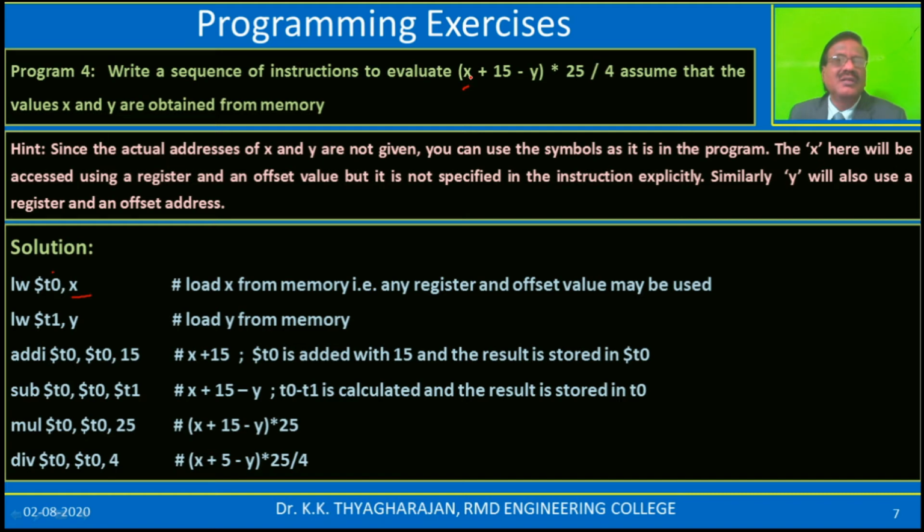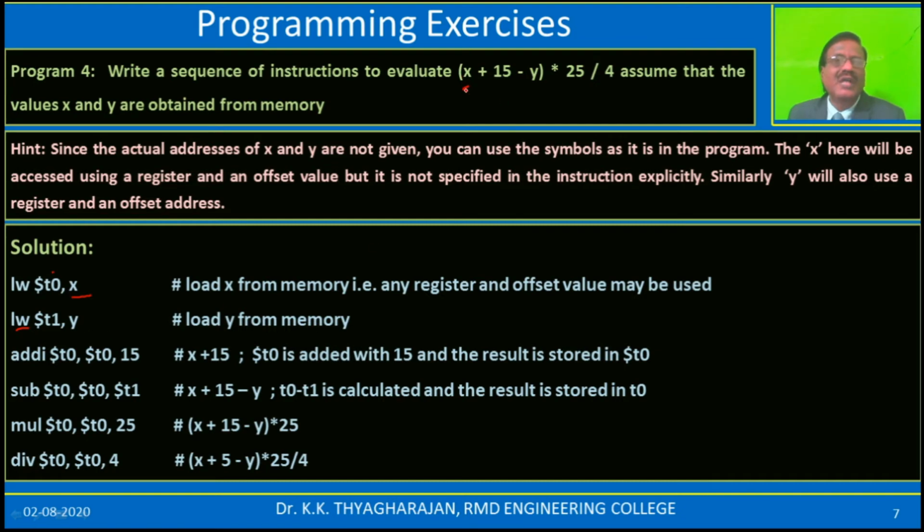Just a value from the memory. Then y is also in memory. To bring the value from the memory, you are using load word $t1, comma y. So now $t0 is holding the value of x, $t1 is holding the value of y.